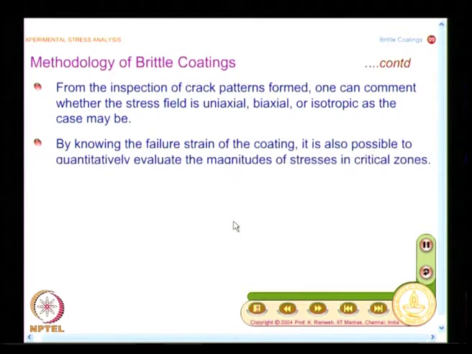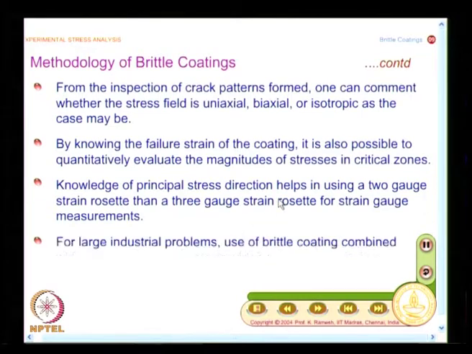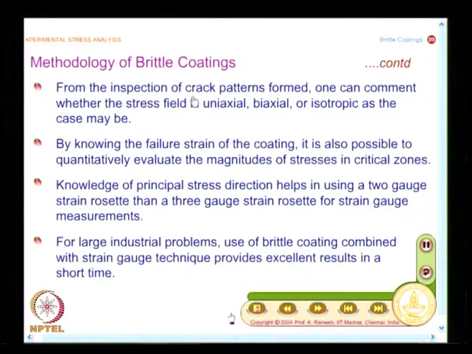And what is important is, like in optical techniques, here also I see whole field information. By looking at the crack patterns formed, one can comment whether the stress field is uniaxial, biaxial or isotropic.